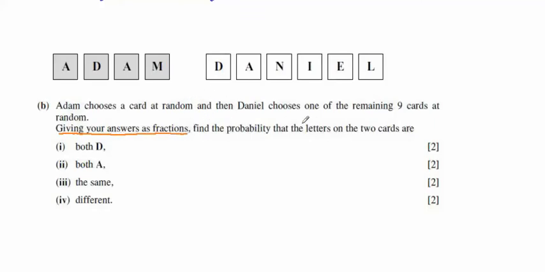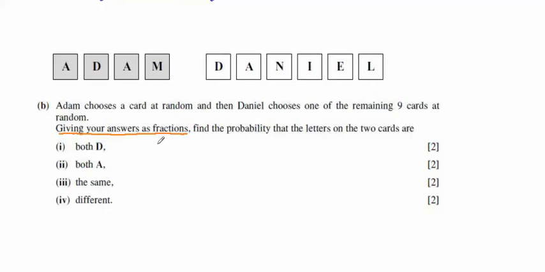Find the probability that the letters on the 2 cards are both D. Obviously, we'll have 2 cards. One Adam will select and the other Daniel will select from the remaining 9 cards. So we have to find the probability that both cards are D. First we'll see that the card Adam selected is D. Adam selecting D has a probability of 2 over 10, which we did in the previous part also.